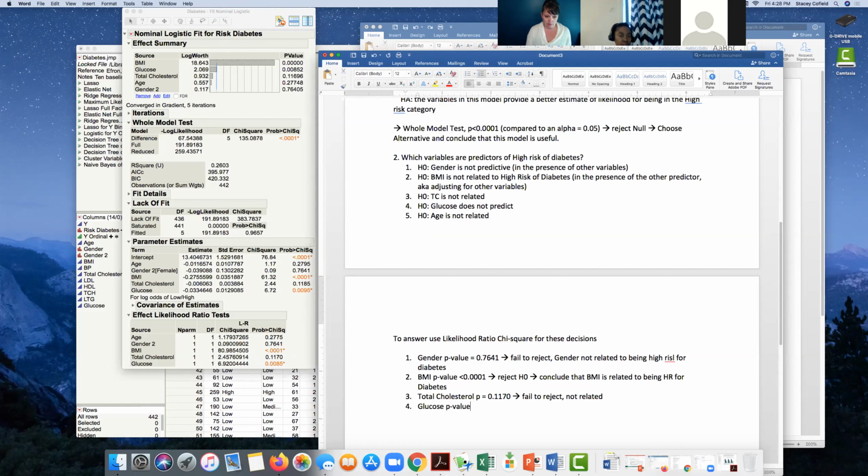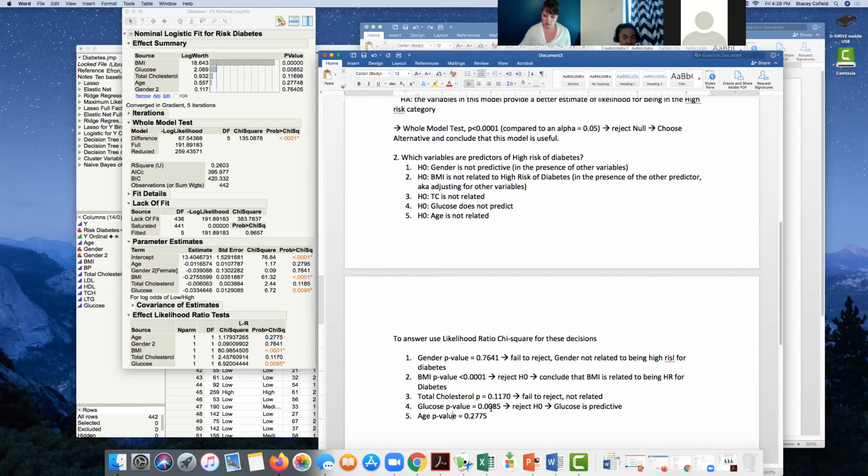The p-value is 0.0085. Okay, and so we are going to reject H naught, and we are going to conclude that glucose is related. Glucose is predictive. And then finally for age, it's our first p-value that I had ignored, 0.2775.